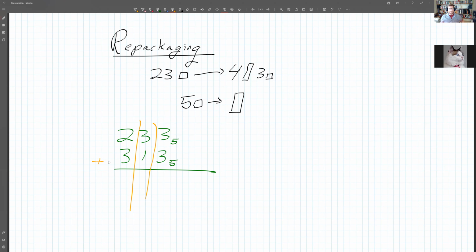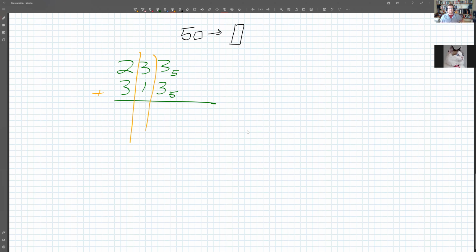Here's one. We're going to add 233 plus 315. So 3 plus 3, and again, it's cheating, but I'll write 6, because that's the one I know. But unfortunately, that is not in base 5. I have to convert.